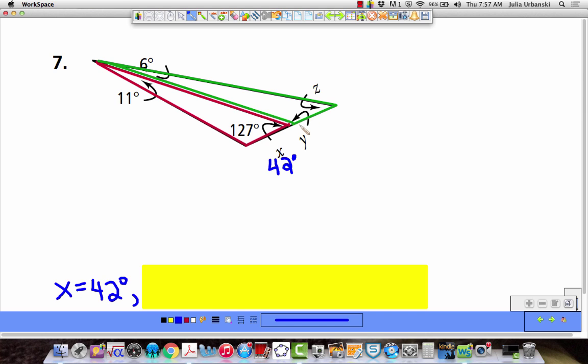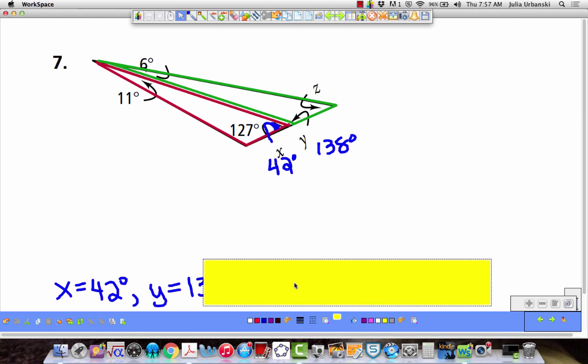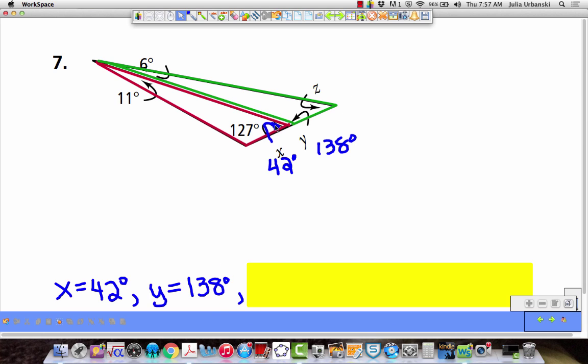So what do you come up with? 138. That's 180 minus the 42 right here. Not 127, I'm way over there. Alright, so Y is 138 because you subtracted from 180, because you had a perfectly straight line right here.